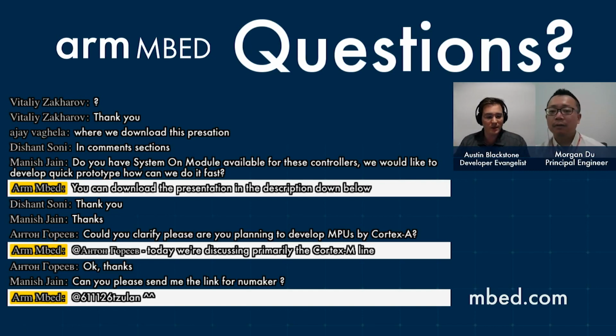Let's see, so we've covered that. Morgan, would you like to talk about Arm PSA and some of the advantages it brings for the IoT ecosystem and how developers can leverage PSA? Yeah, because a lot of IoT applications need more security.